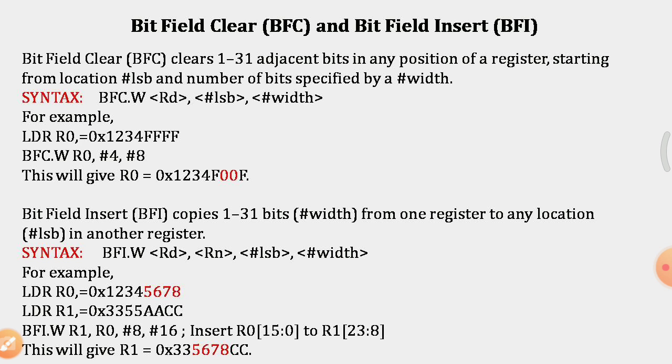So this will give us the result R1 equal to 0x335678CC. So 55AA is replaced with 5678.